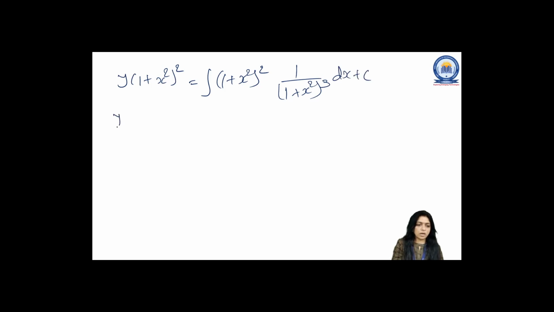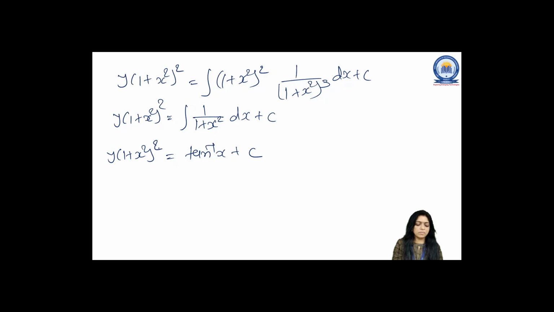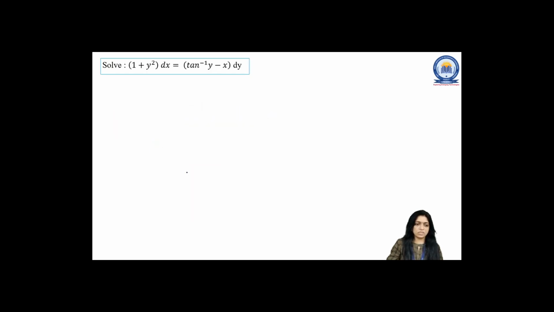So y (1 plus x square) whole square equals the integral of 1 upon 1 plus x square dx plus c, and the integration of 1 upon 1 plus x square is tan inverse x plus c, divided by (1 plus x square) whole square, keep it the same. So this is the general solution of the given differential equation.